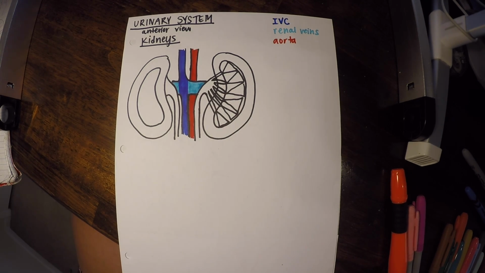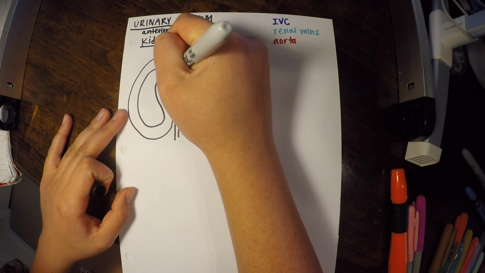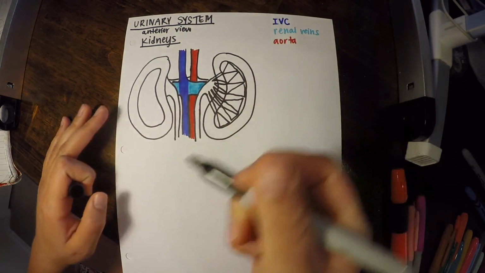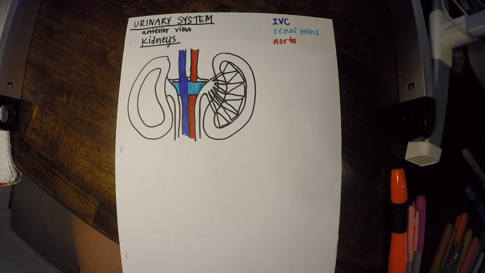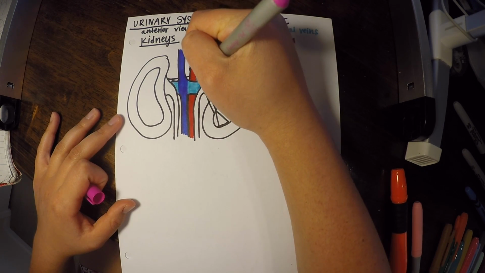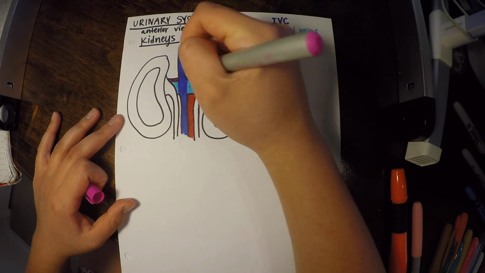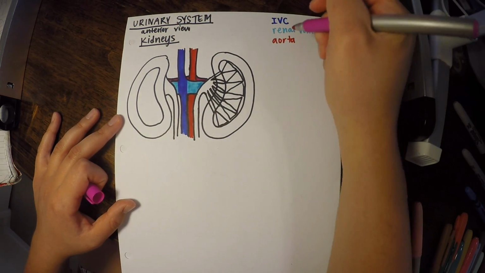So what we're going to do is we're just going to draw the renal artery peeking out here just a little bit so we can have a glimpse of it. And again, we're going to draw it in a similar color. So we'll use this bright pink we have here. And that's going to be bringing blood to the kidneys.